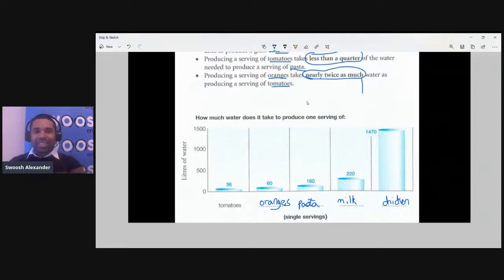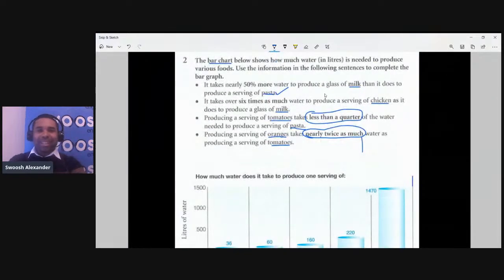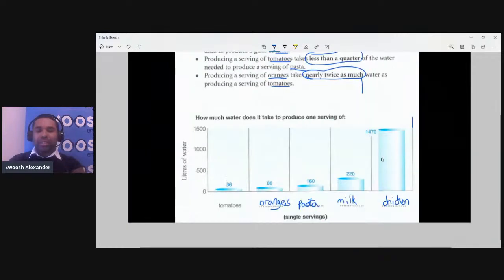I think that would be 6 times the value of milk, 1,320, I believe, or something of that nature. But either way, it says that it takes over 6 times as much water to produce chicken. So that's why we got a value of 1,470. So those were the answers to the task. Zia, you agree? Thank you very much.